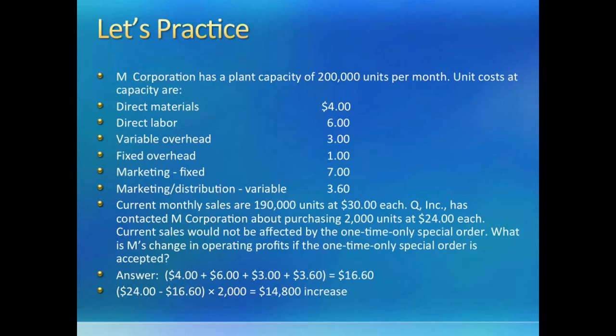Your direct material, direct labor, variable overhead, and variable fixed cost. All these costs will be incurred on a per unit basis in making the product. That gives us 16.60. So if the company decides to accept the special order, they will receive $24 a unit, but they would be spending 16.60 for 2,000 units. This would give them a $14,800 increase in their income.